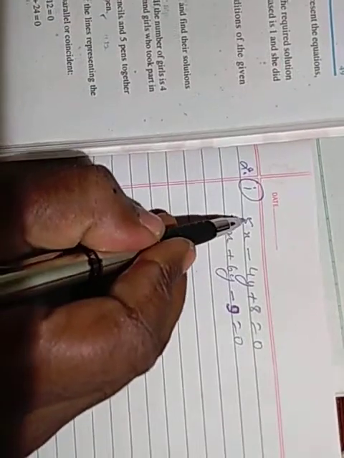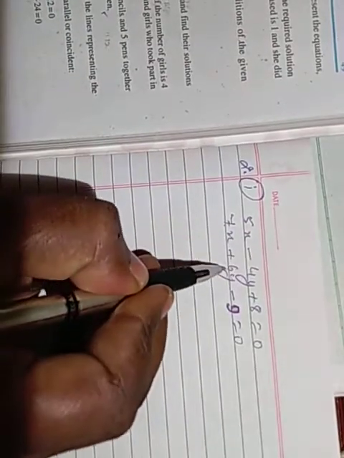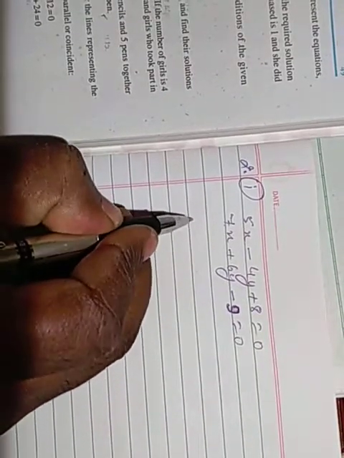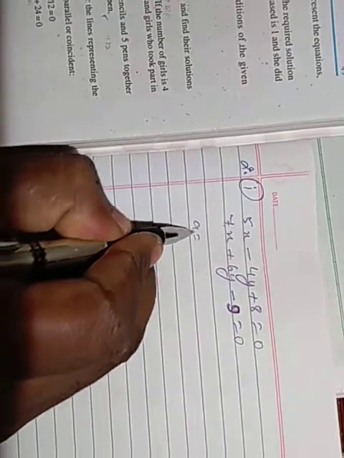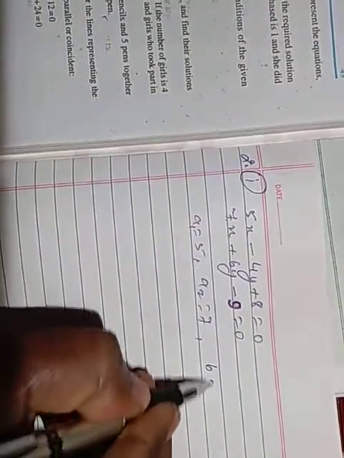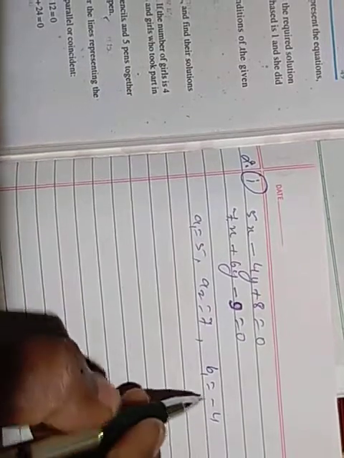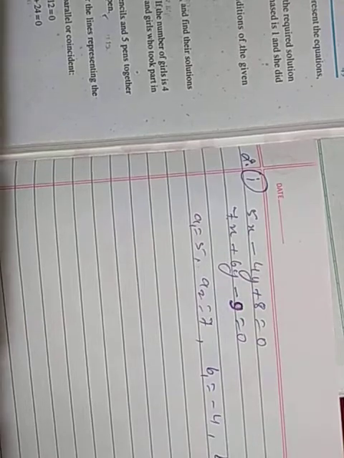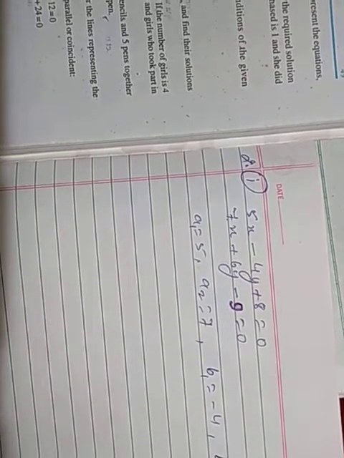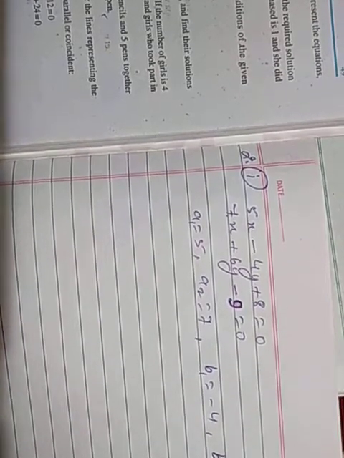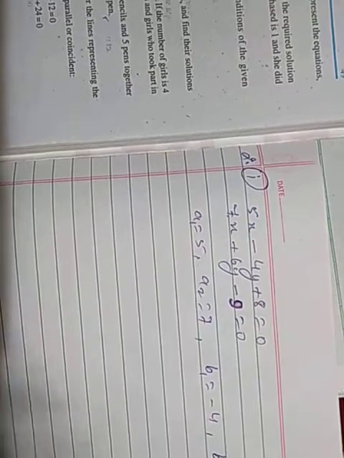Here a1, a2, b1, b2, c1, c2: a1 is equal to 5, a2 is equal to 7, b1 is equal to minus 4, b2 is equal to 6, c1 is equal to 8 and c2 is equal to minus 9.